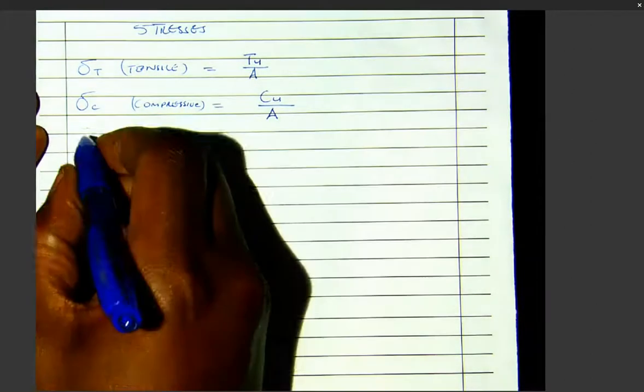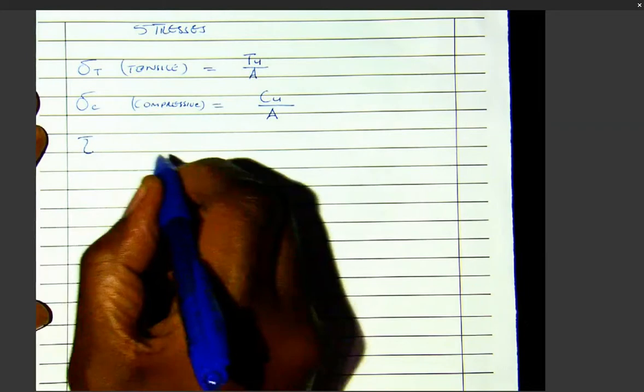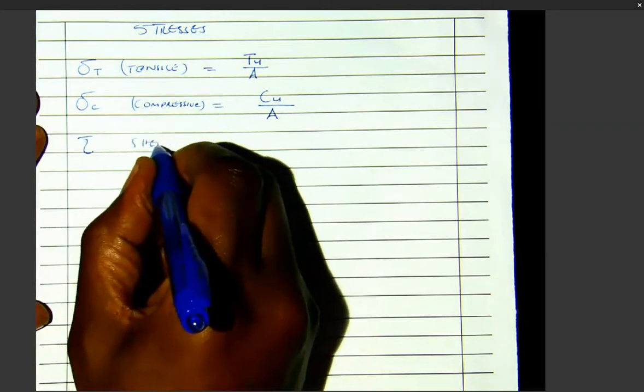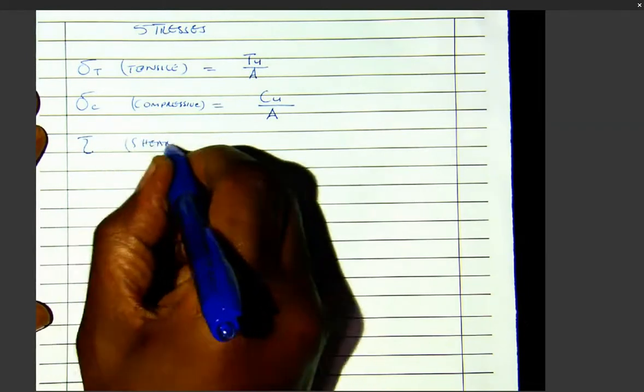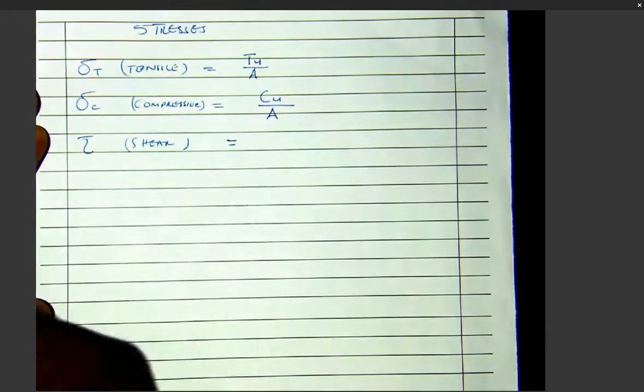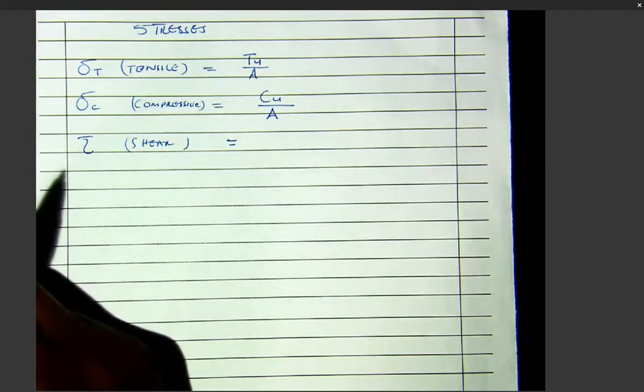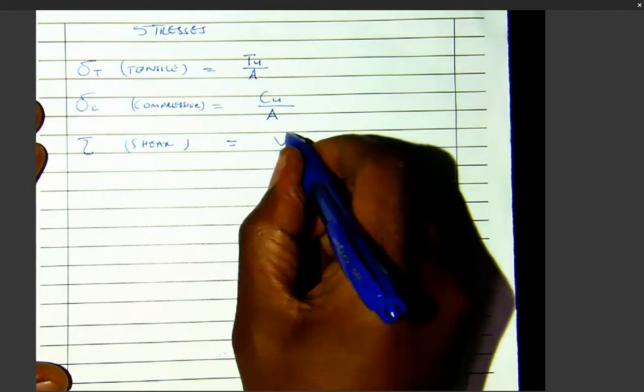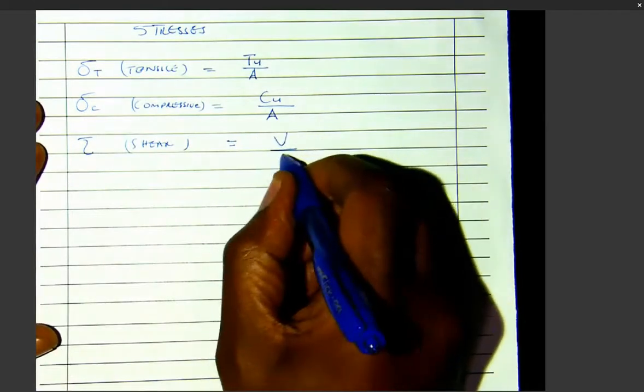Then we go to shear stresses, I would say V over A. V stands for shear, over your cross-sectional area.